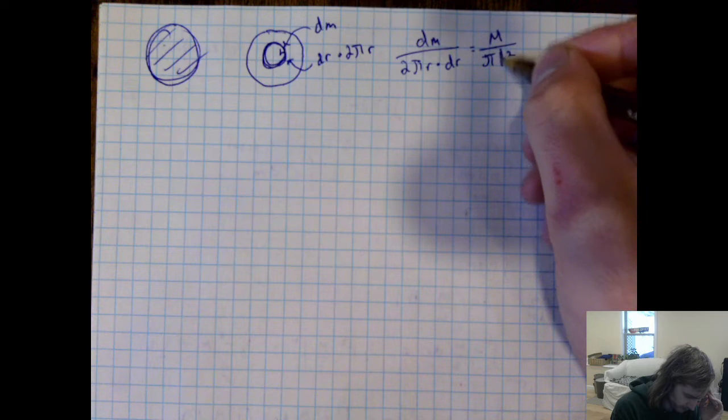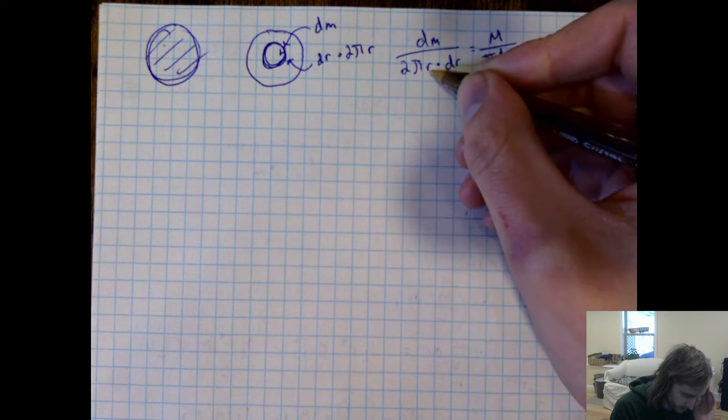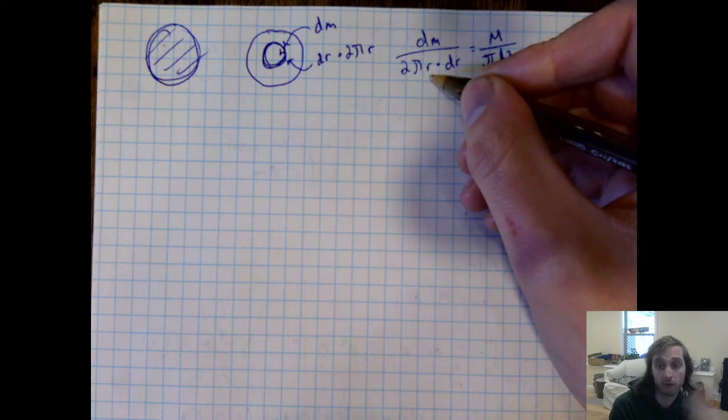This r should be an L, because this needs to be for our whole thing. This r will be dependent on how far out we are.